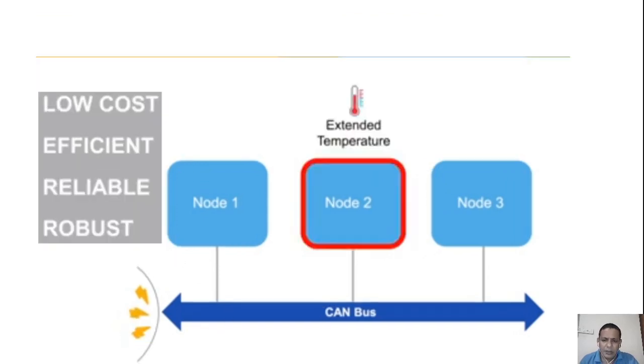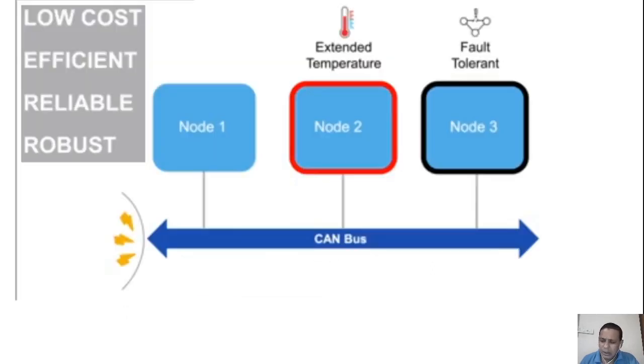And again, we can use the CAN bus in extreme temperature conditions. Normally the bus will be situated inside your engine room, and sometimes it may be outside the vehicle, and in any condition it can be used. So that is the advantage of the CAN bus. It is highly robust also.